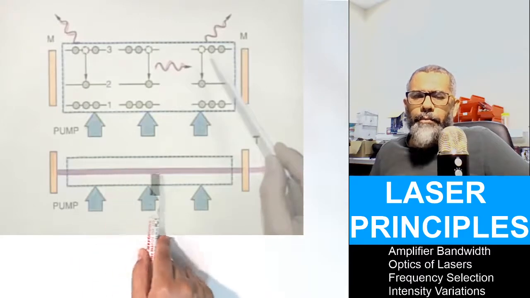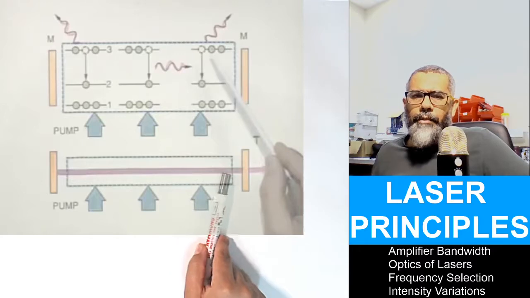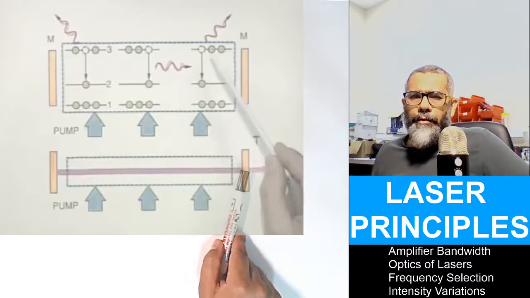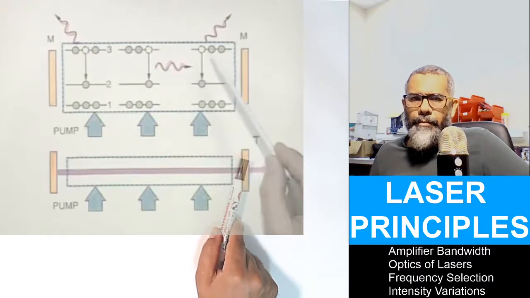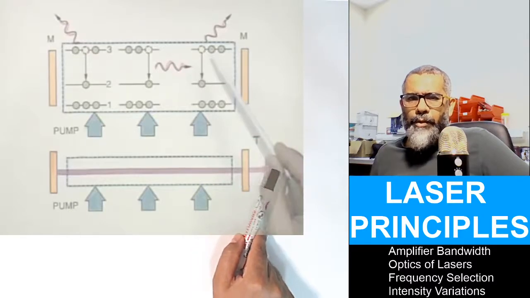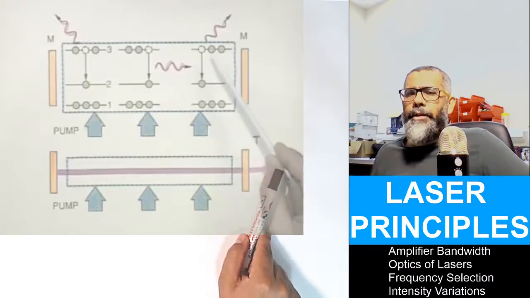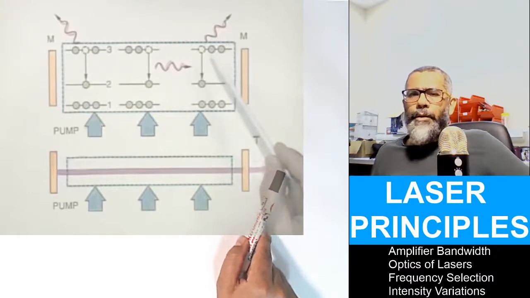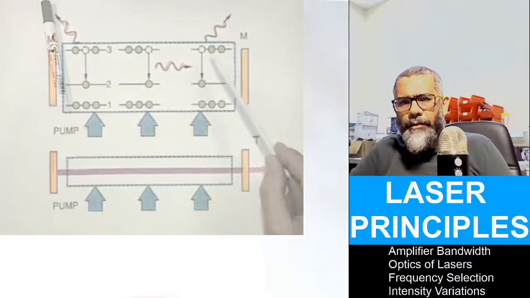They build up a very high intensity level, and after this level, of course, some of the photons will make it through this mirror on the right hand side, because it is not 100% reflective. Some of the photons will just get through, and these photons that get through the second mirror will be laser photons. Okay, so this is the way to initiate the laser photons inside an optical resonator.